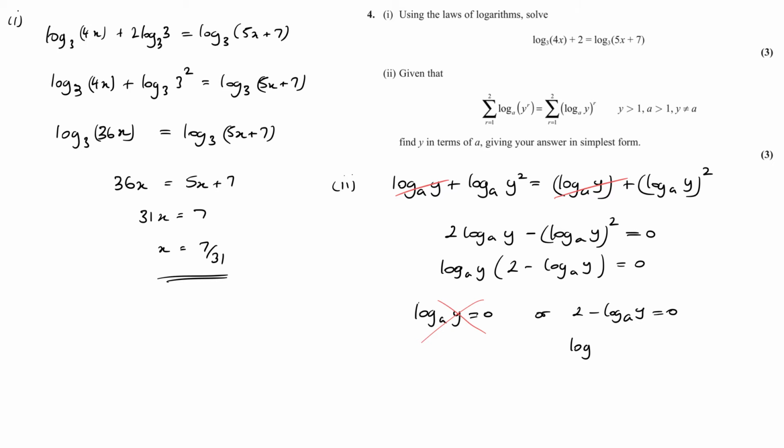So we've got log y to the base a equals 2. So y equals a squared. Using the rule I hate, the way I remember this is that one stays there and the a goes across and pushes the 2 up. That's just how I remember it. But there we are. That's question 4 done.